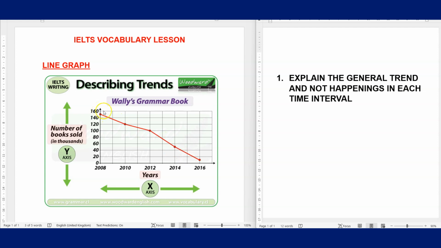So what's the general trend that you can see in this particular graph? Simply, we can say that it went down. Okay, so the number of books sold went down. So how can we say something went down, or what is the other way of saying that something goes in a downward direction?